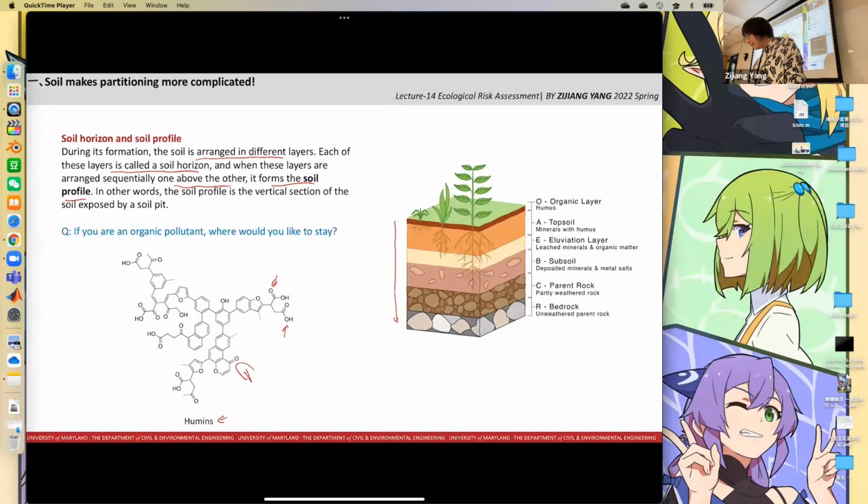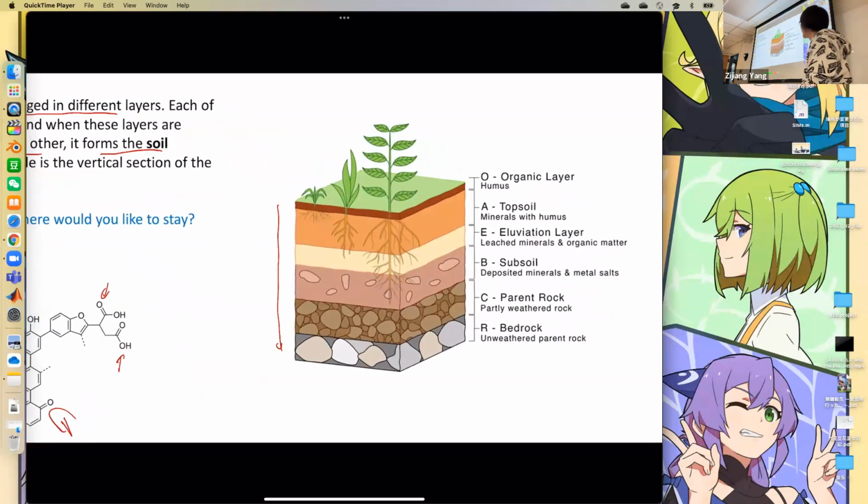On the right side, we show a common example. We can see we have different layers of soil, each with its name, but also with different composition. For example, the first layer mainly has humus, and this layer has minerals with humus, and then minerals and organic matter and some other stuff.